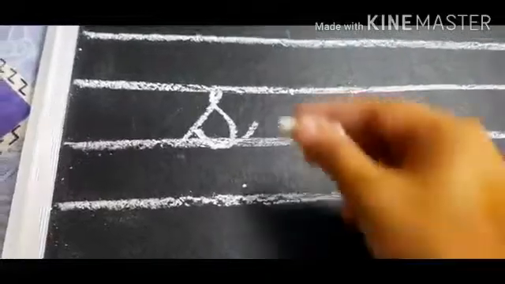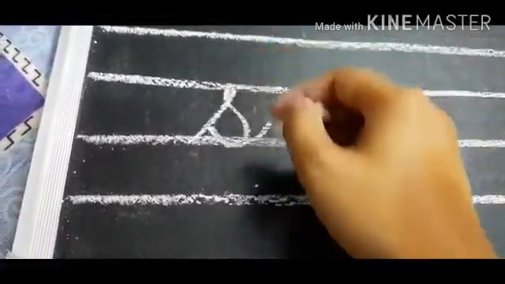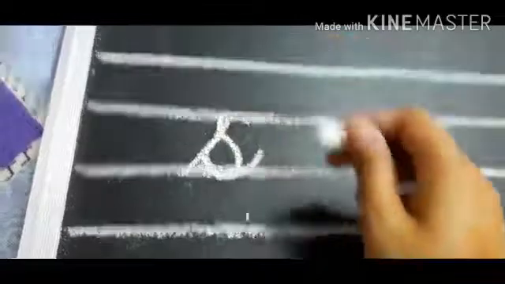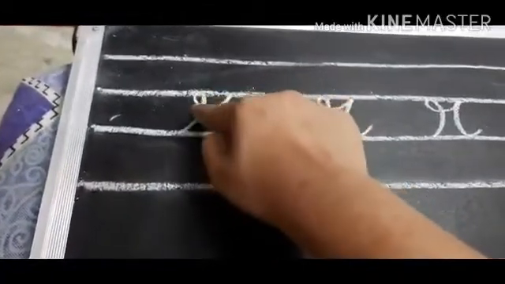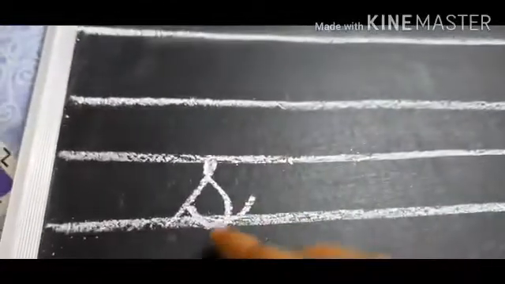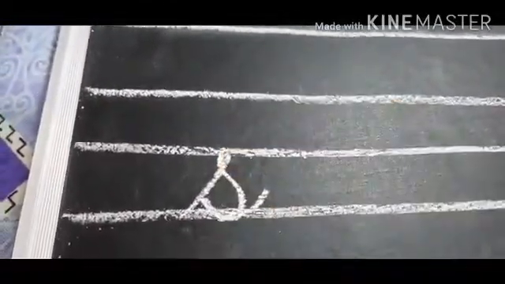Cursive S. Students, remember, you don't have to make a circle here. Like in cursive R, you have to make a circle, but in cursive S, don't make a circle here.